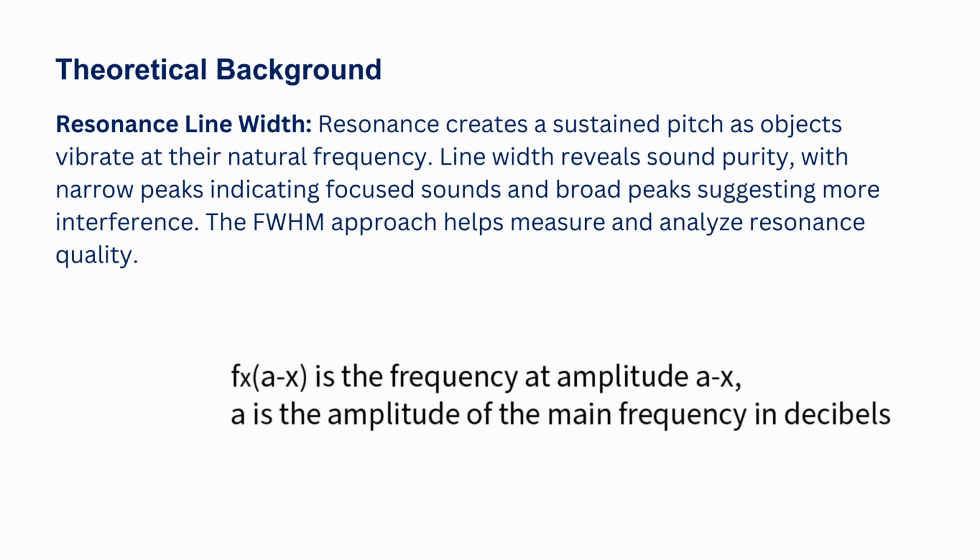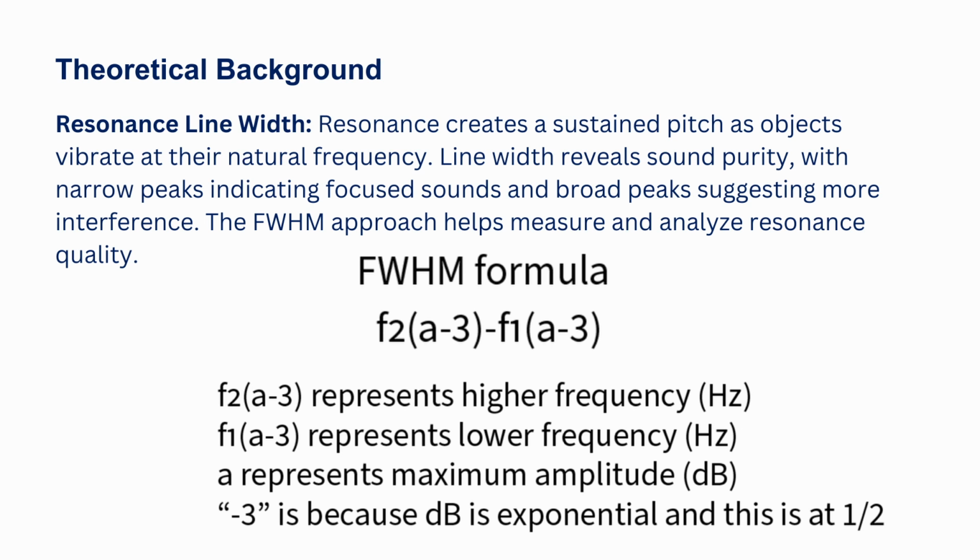This can be calculated by using the full width at half maximum, FWHM, approach. FWHM measures the width of the peak at the point where its amplitude is half of the maximum amplitude, or 3 decibels away. The line width is important because it provides information about the quality of the resonance.